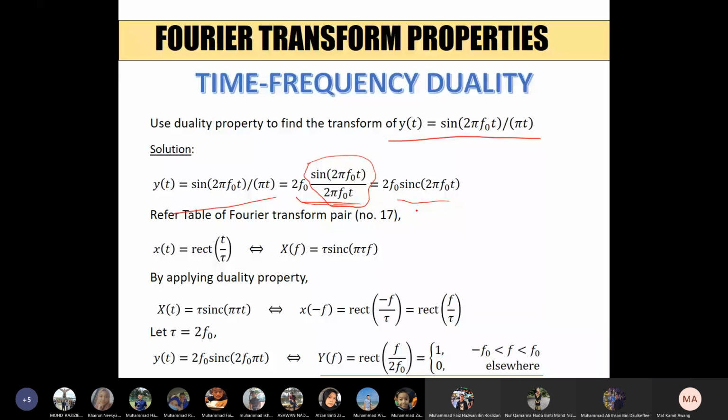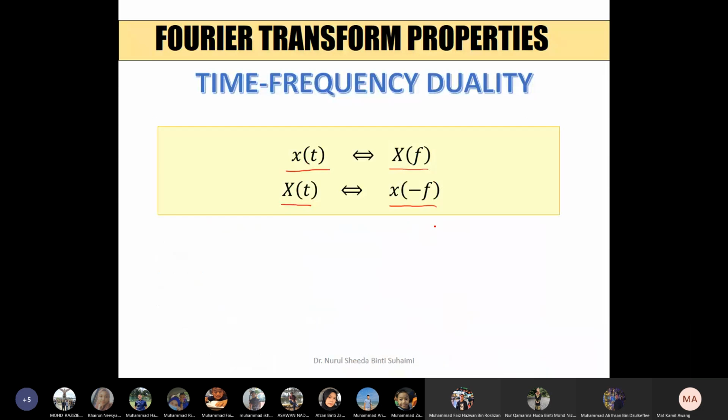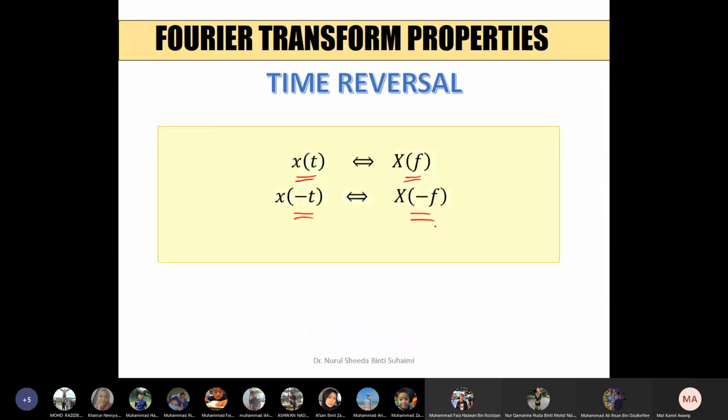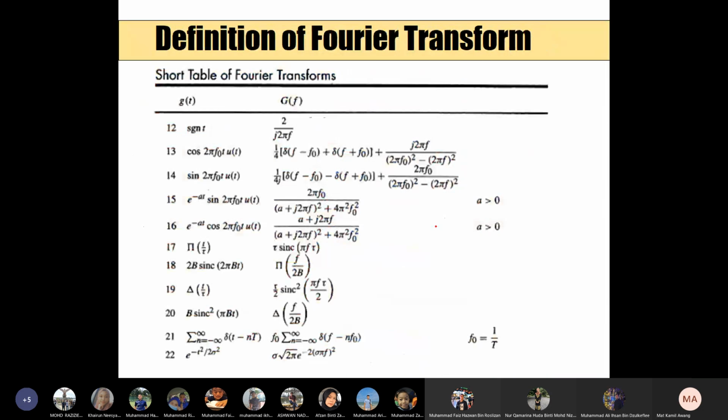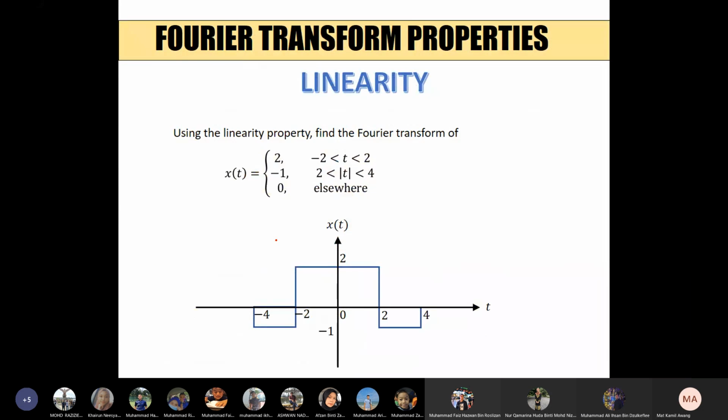And if you refer to the table, pair number 17, basically tau sinc pi f tau gives you a rectangular of t over tau.